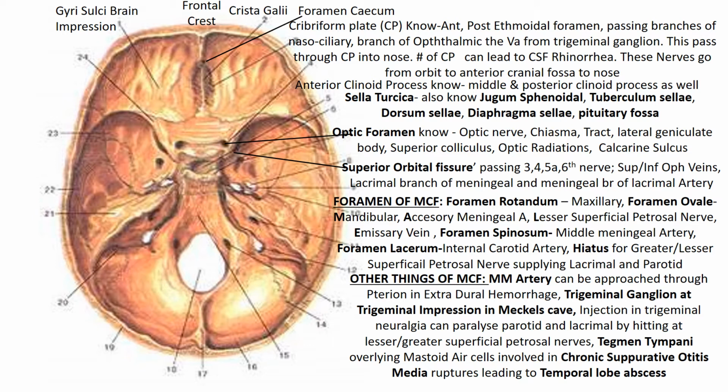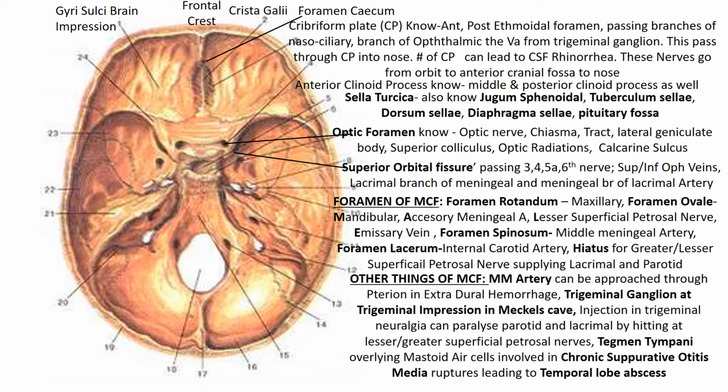There's a nasociliary nerve which lies in the orbit, and through these anterior and posterior ethmoidal foramen pass the anterior and posterior ethmoidal nerve, which cross the cribriform plate and reach the nose and give its sensory supply: pain, touch, temperature, pressure. Olfactory nerve supplies the smell. So when the cribriform plate fractures, it can lead to CSF rhinorrhea.